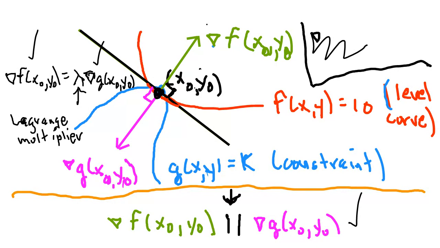By using this approach, we can take functions and maximize them subject to a constraint and find what values of x and y are needed. Okay, and this is called the method of Lagrange multipliers.